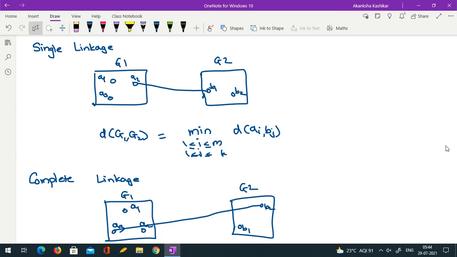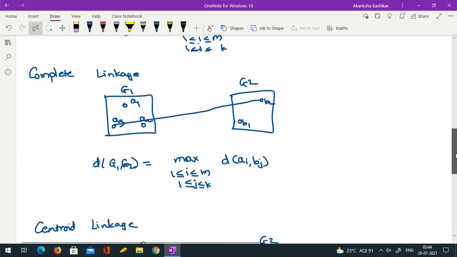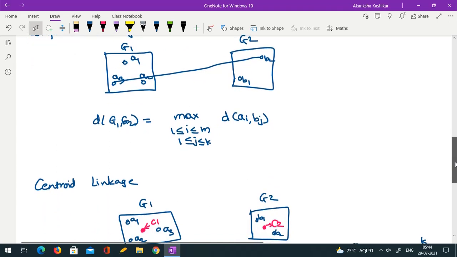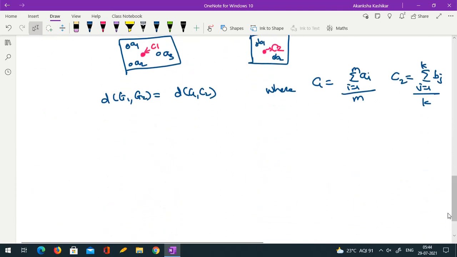So there are various ways in which distance between two groups can be computed, or distance between one group and one observation, because we could simply treat that observation as a group and everything else is same. There are more advanced linkage methods, for example Ward's linkage, which we are going to study, but we will learn it in the context of the actual cluster analysis algorithm, because right now explaining it without going to cluster analysis is difficult.